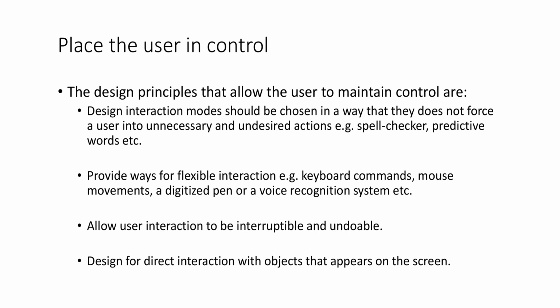But if that module is always taking the lead and assisting you when you don't want assistance, say you want to write something in English, but the word matching to the in-built dictionary turns up every time and changes your content, then you will feel irritated, right? You don't want to use such a keypad, you change that keypad. So that's what I mean: the interaction mode should be chosen in a way that it does not force the user into unnecessary and undesired actions. It's an unnecessary action; I don't want your help, and you're giving me help.